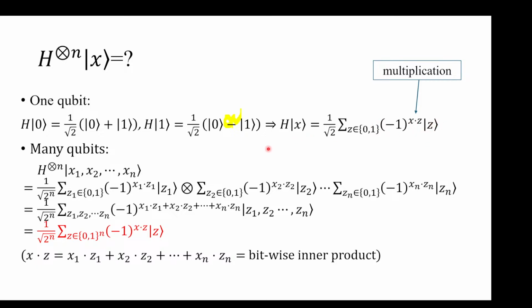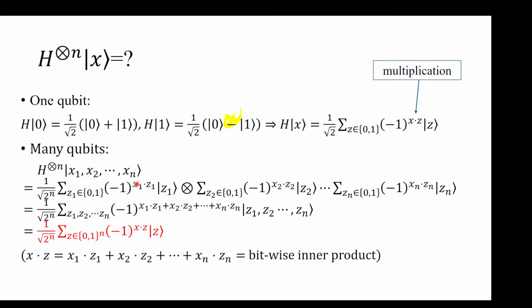just as a notice, z here is a dummy variable, summed over 0 or 1. So you're summing over all possible computational basis states, with different phase (-1)^(x·z). Okay, so that's 1 qubit, and with this formula for 1 qubit, you can think about the formula for many qubits. So you have Hadamard to the n on n different qubits x1 to xn.